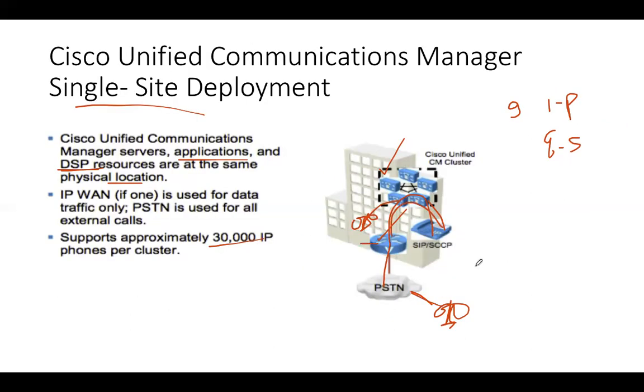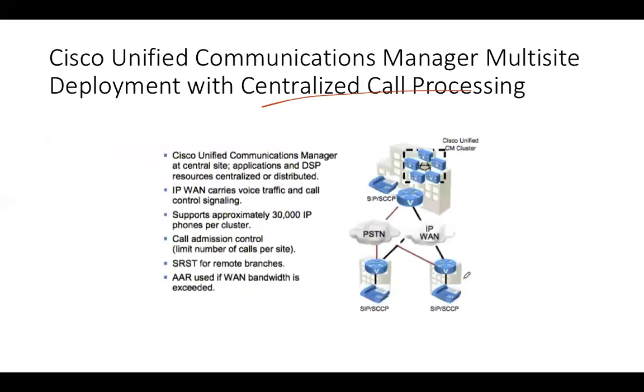So what is the difference here? Even though the cluster is in one location, we are using WAN here, and there are phones across multiple branches.